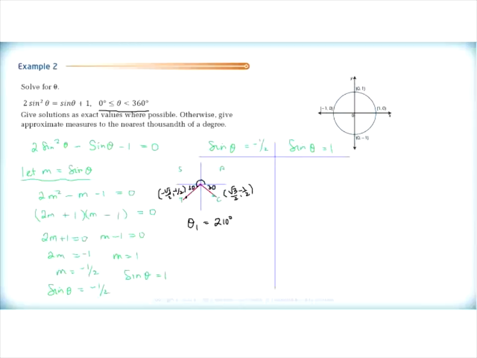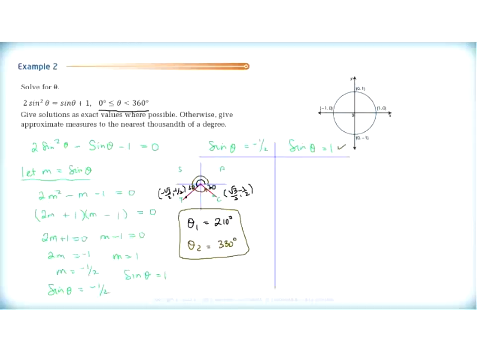And the second value of theta is this angle right here, which you should recognize as 360 minus 30, which is 330. Okay, so I've now found two values of theta between 0 and 360, where sine theta equals negative 1/2.